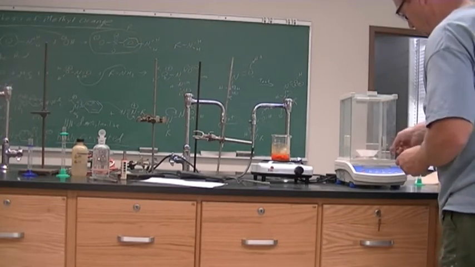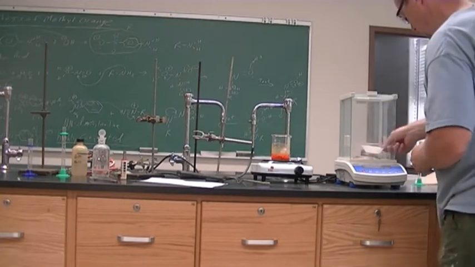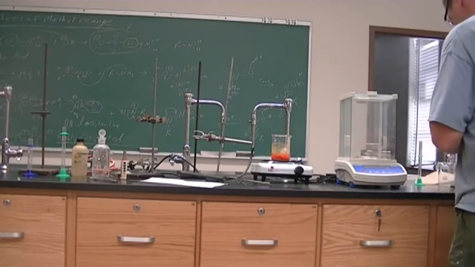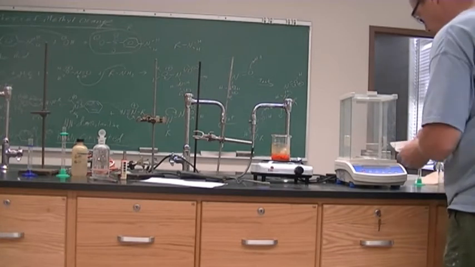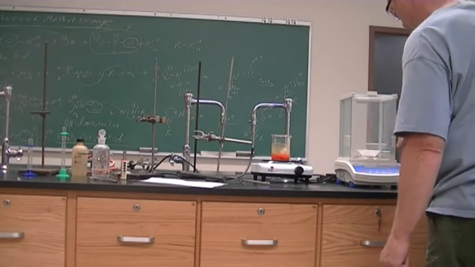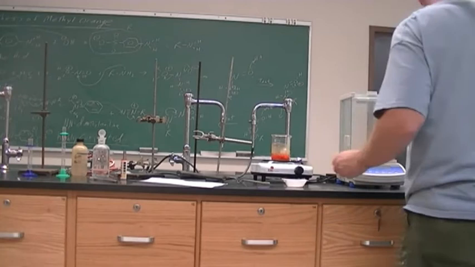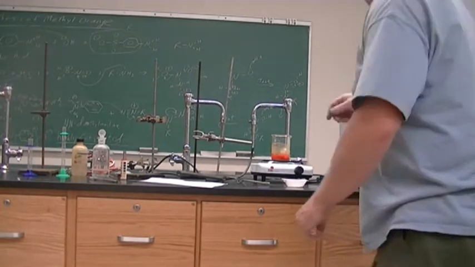All right, so that should be right at 5 grams. Perfect. 5 grams of NaCl. So that is our sodium chloride.